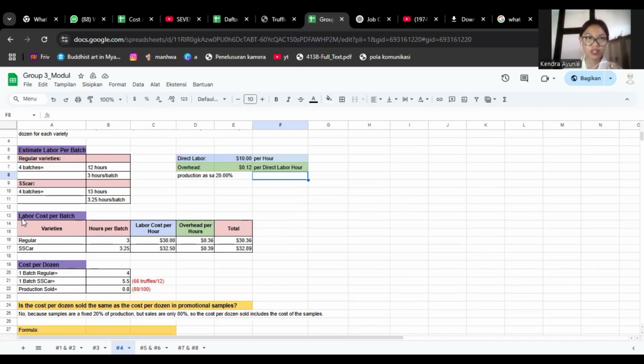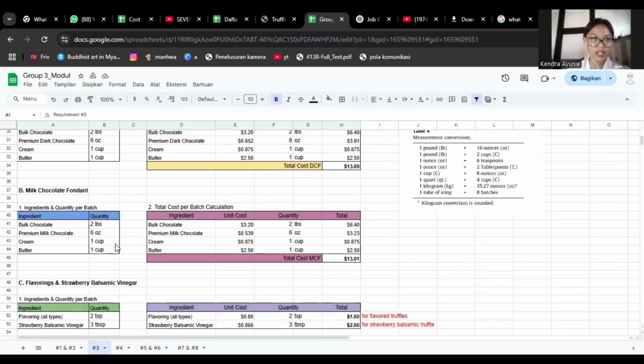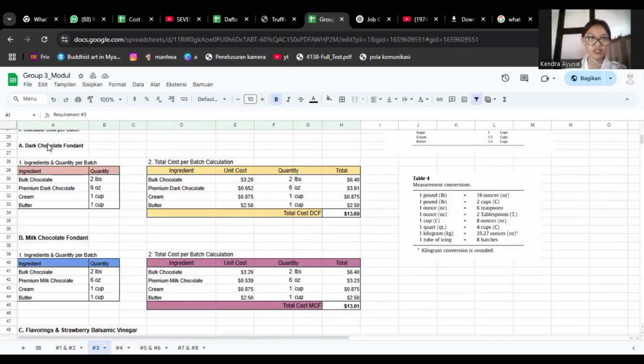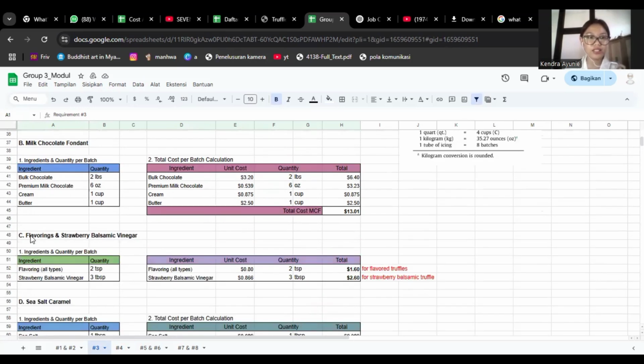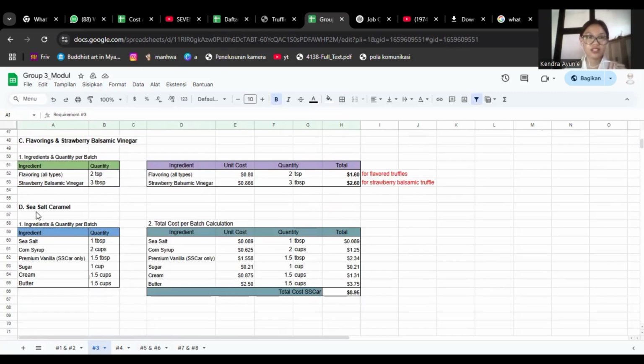Next we're going to calculate the labor cost per batch. As I said before, there are actually 11 varieties. It was already calculated here by Rani, and we see there are 4 categories of truffle. The first one is the dark chocolate fondant, then the milk chocolate fondant, then the milk one using strawberry balsamic vinegar, which is a special flavoring, and the last one is the sea salt caramel.